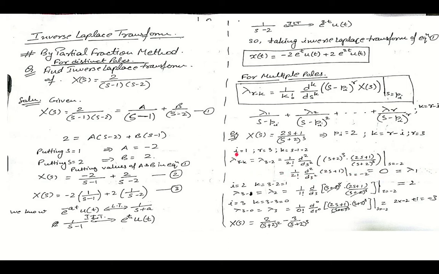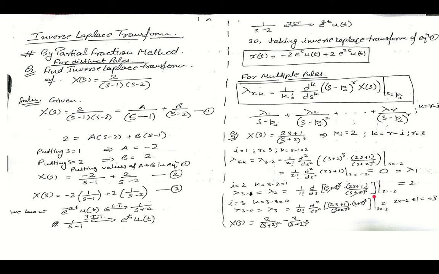Next we are going to put i is equal to 2. Now if we put i is equal to 2, then k is equal to 3 minus 2, that is 1. Then according to our formula, lambda r minus k, that is 3 minus 1, will be equal to lambda 2, and for k we are going to put 1 upon 1 factorial, d upon ds of (s plus 2) whole cube into (2s plus 1) upon (s plus 2) whole cube.